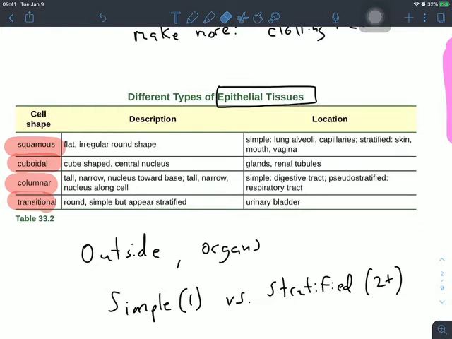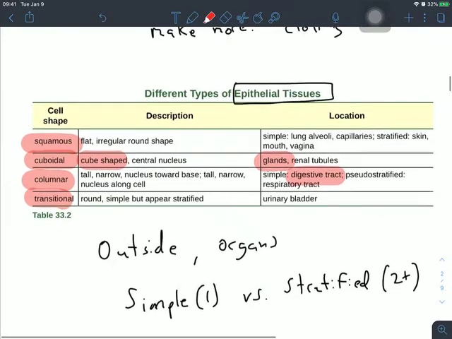Cuboidal epithelial cells are those cube-shaped cells, and we'll be looking at cube-shaped cells later in this class, that make up our glands. They oftentimes are secreting hormones to the rest of our body. Columnar cells are perhaps my favorite because they make up our digestive tract. And each of these cell types is named for their shape.